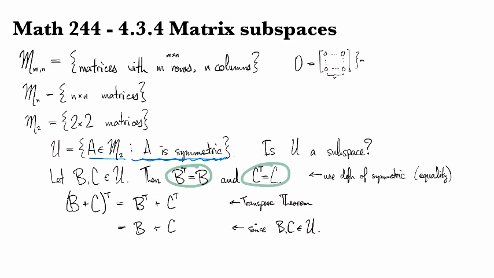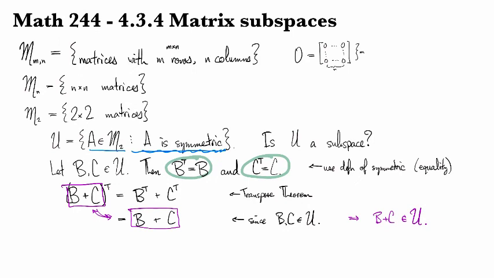Now I look at where I started and where I finished, and this says that if I start with B plus C and take the transpose, I get back to B plus C, and that's exactly what it means to say that B plus C is symmetric. And if B plus C is symmetric, that's exactly the criterion for it being in U. So the symmetric matrices are closed under addition.